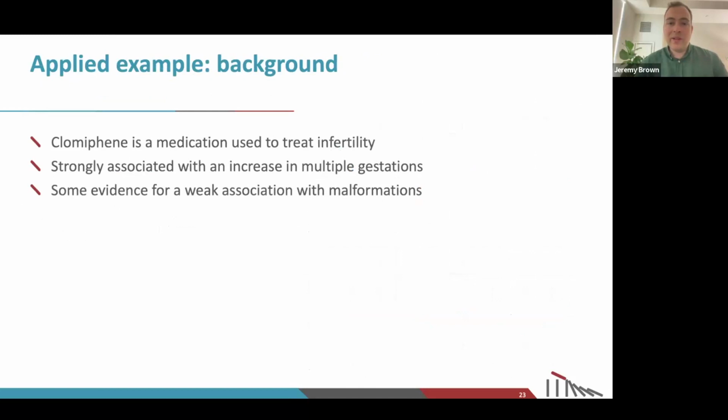And now we go to an applied example. So clomiphene is a medication used to treat infertility. It's strongly associated with an increase in multiple gestations, and there is some evidence for a weak association with some malformations, but perhaps some of that association may also be mediated by multiple gestations.